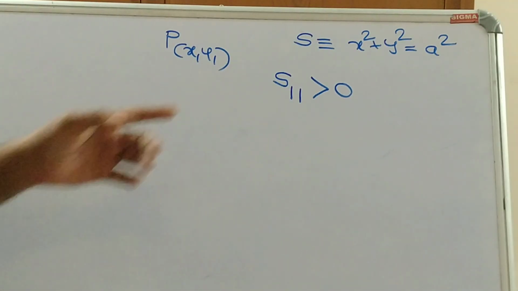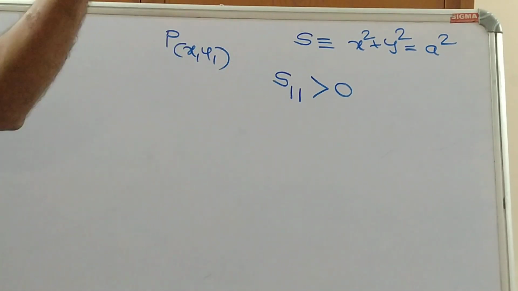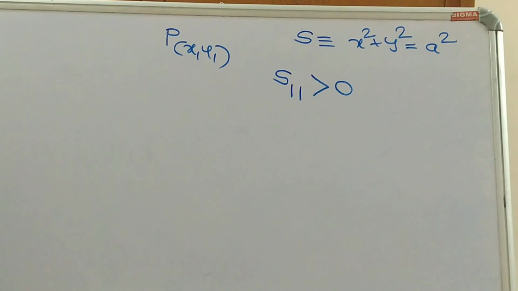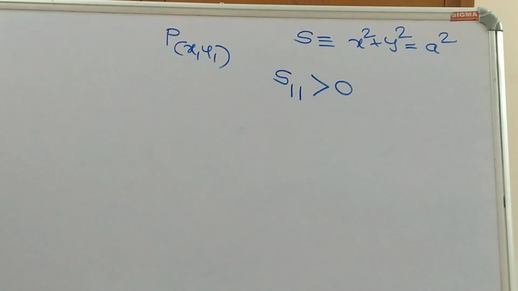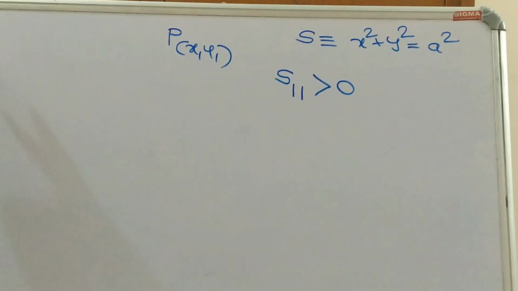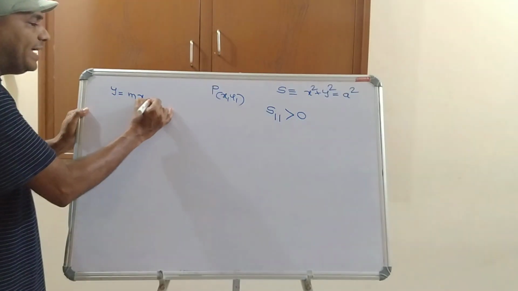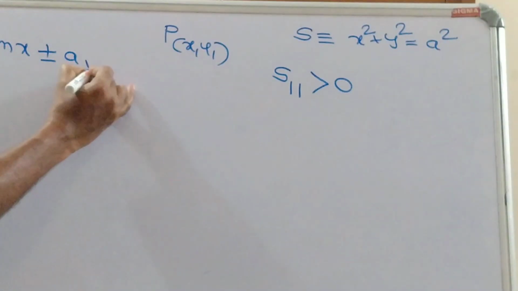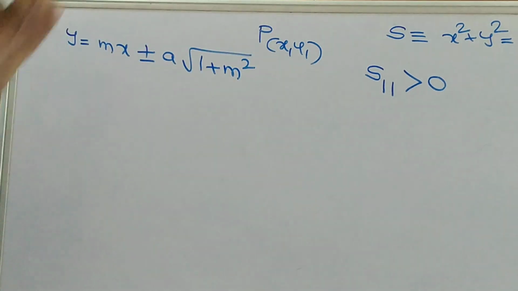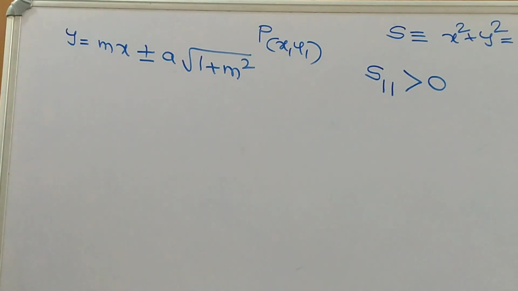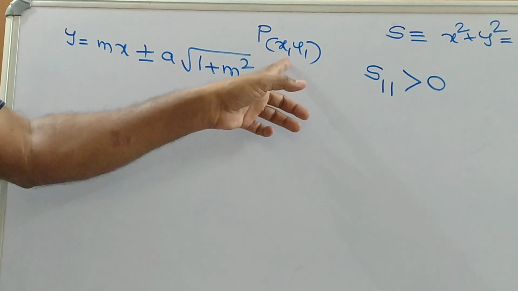Now, the equation of the tangent of a circle in the slope form is y equal to mx plus or minus a into root of 1 plus m square. But this tangent passes through the point (x1, y1).